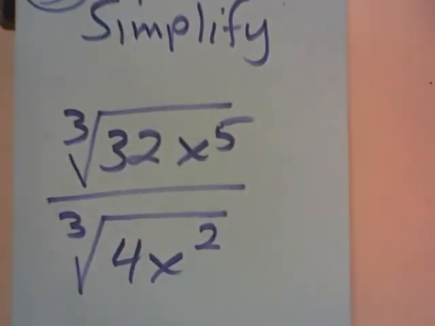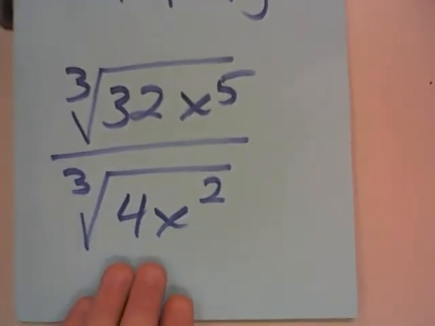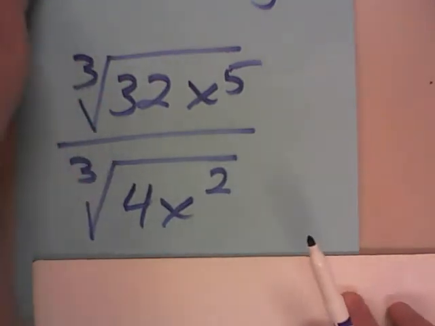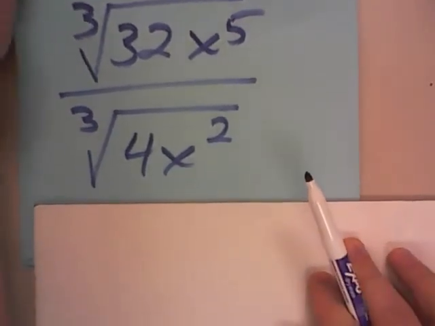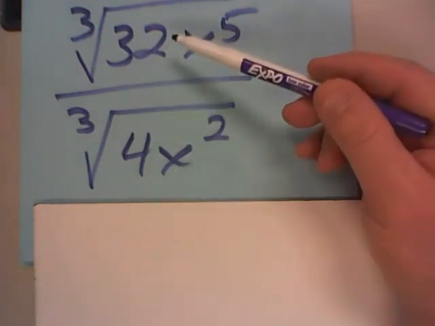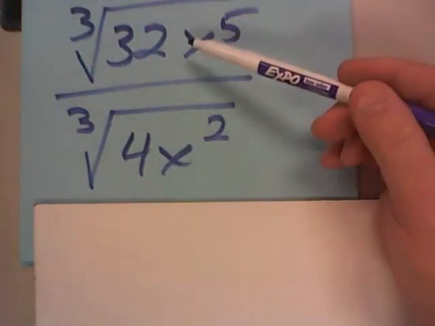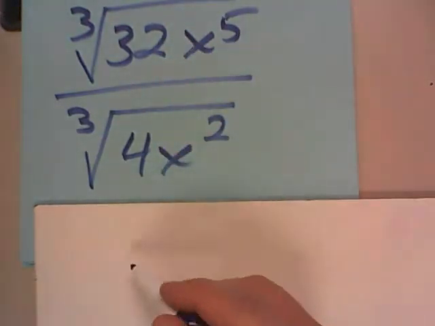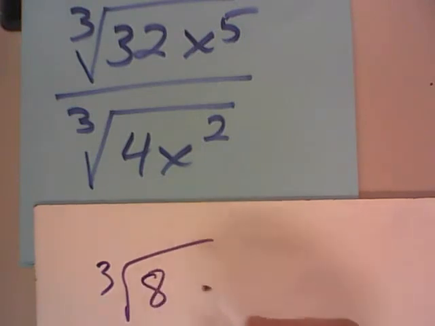Number 3 is a little bit more complicated, supposedly, because we are dividing. But the same rules go as when we multiply. We can divide stuff inside the radical together. We can simplify the radicals first, or we can just divide what's in the radicals first. For example, 32 over 4 is 8.